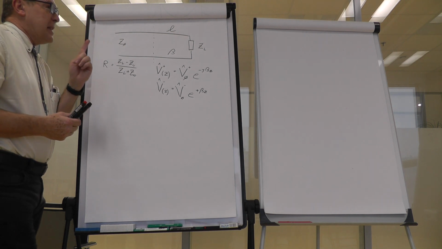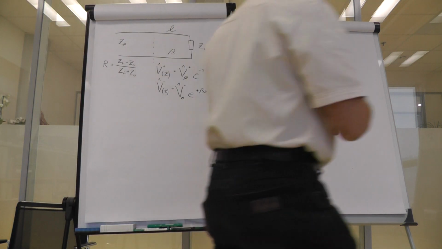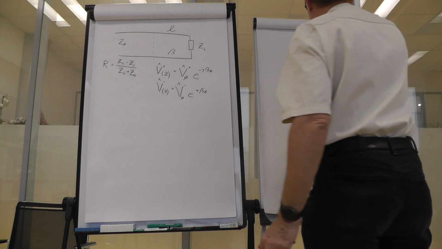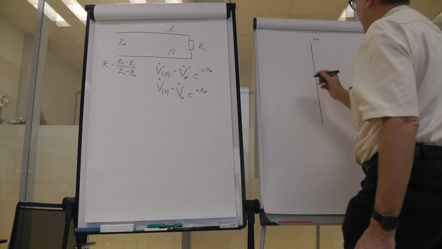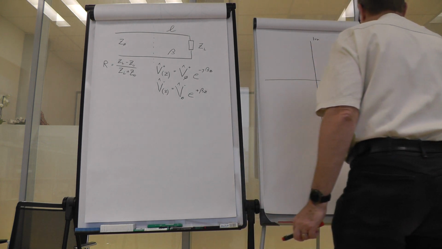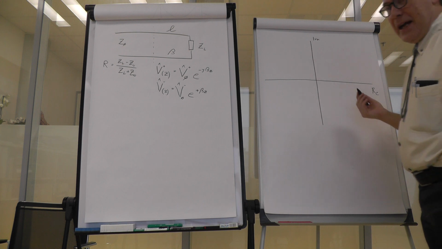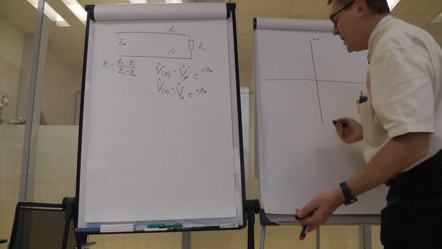So what this does mean, for example, in a complex plane, where we have the imaginary and real axes, and we would like to observe the reflection caused by the impedance?